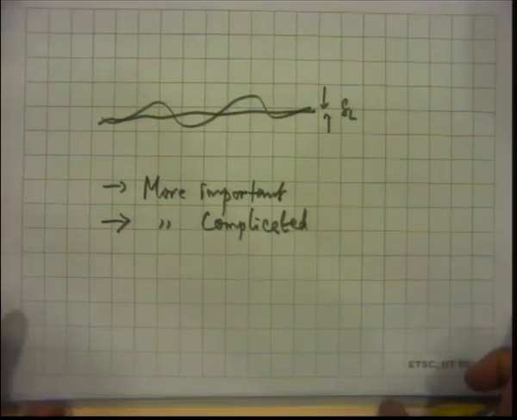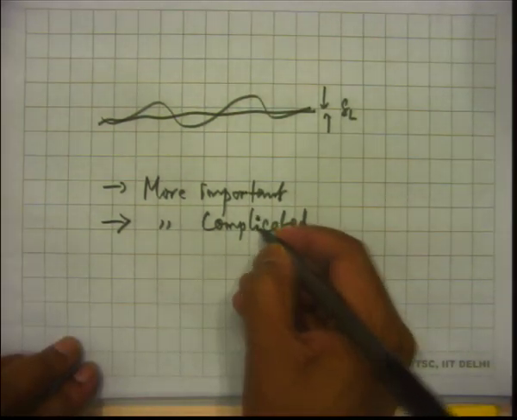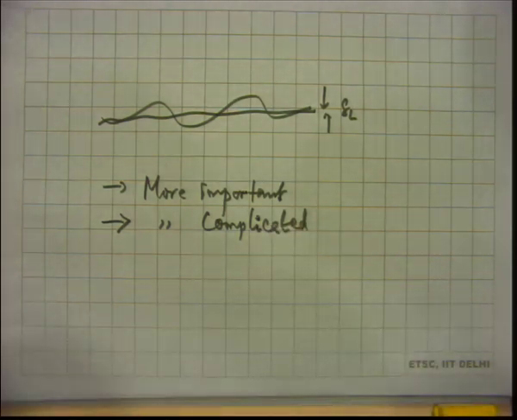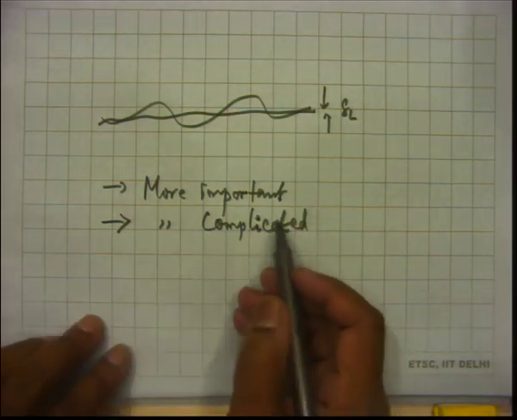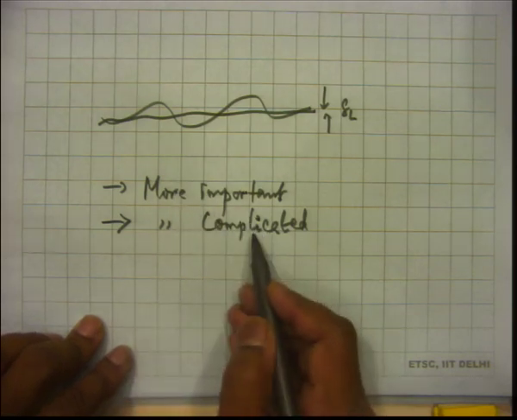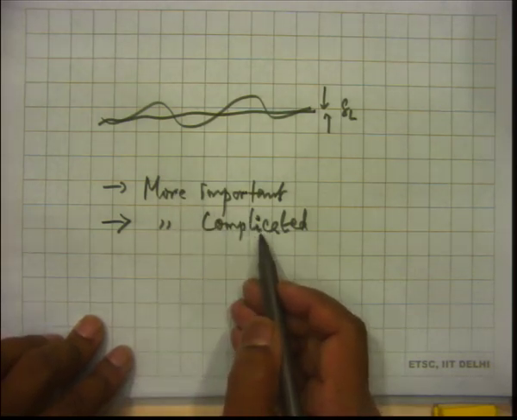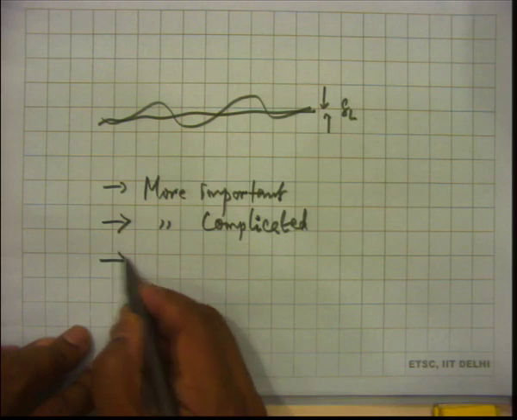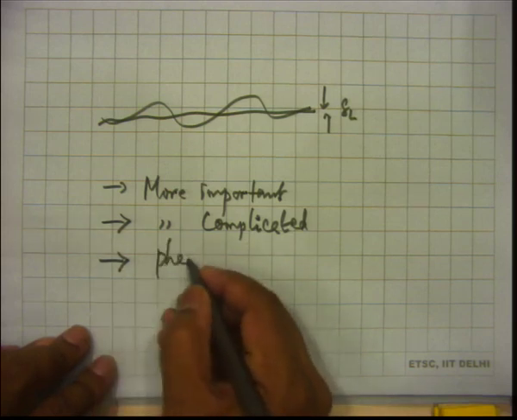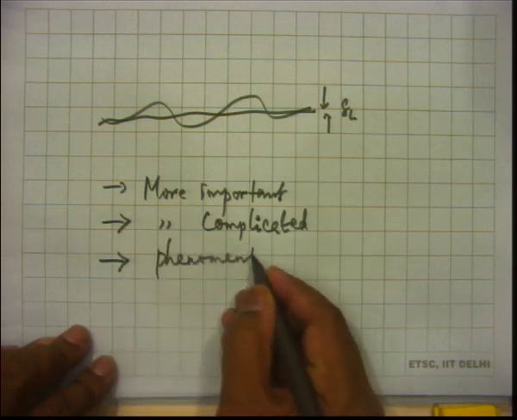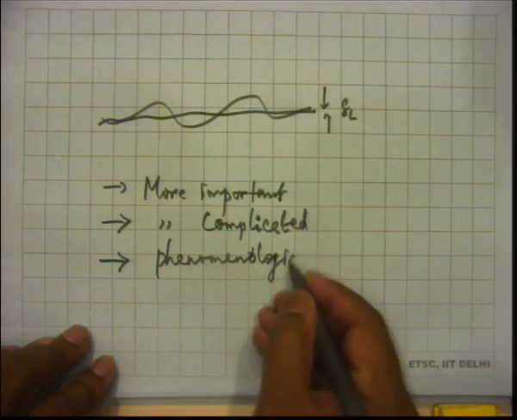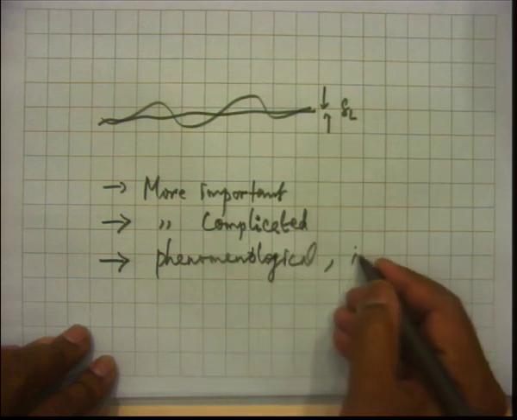Especially in a class, there is not a great deal of analysis that can be done with turbulent premix flames. So, the more important thing we studied in fewer lectures, and we said that our approach is more phenomenological and empirical.